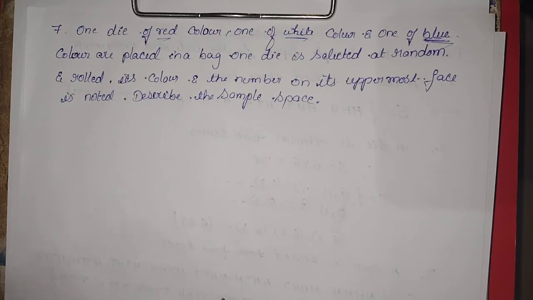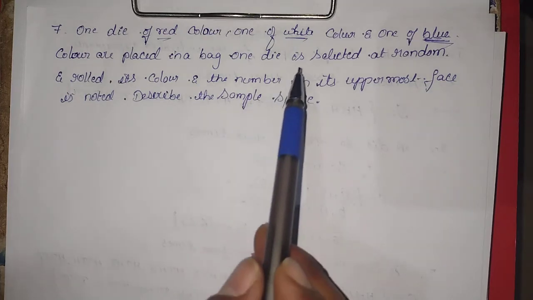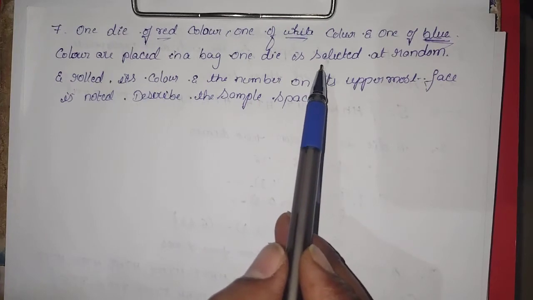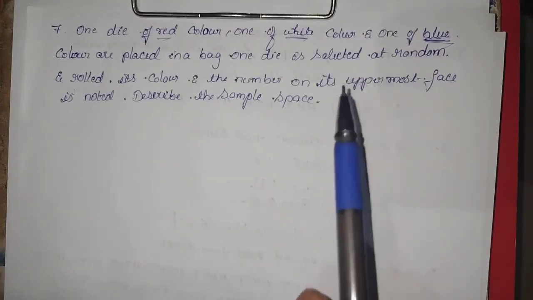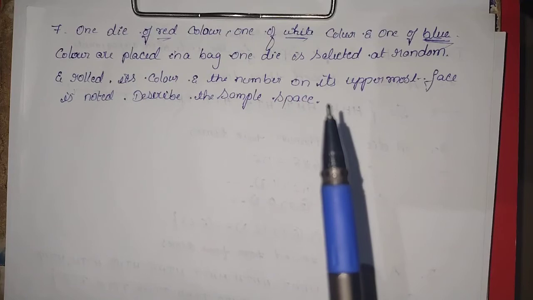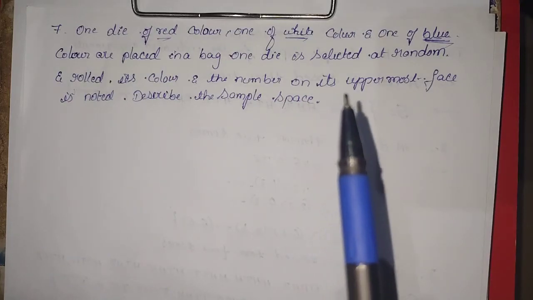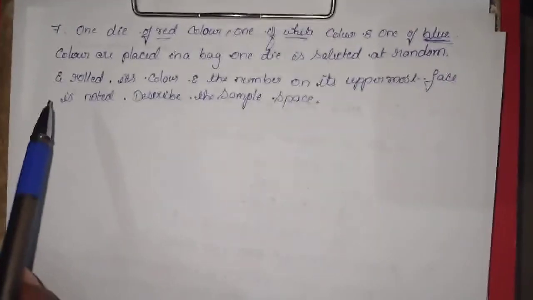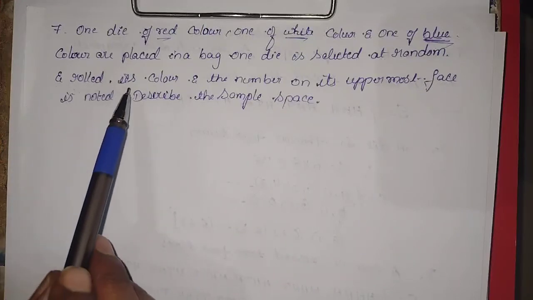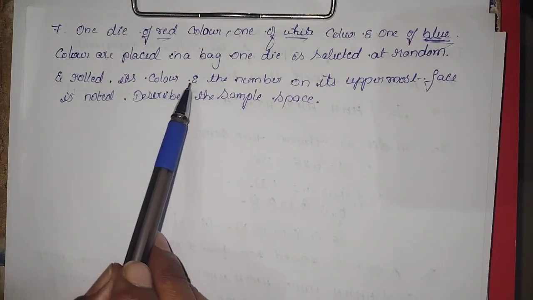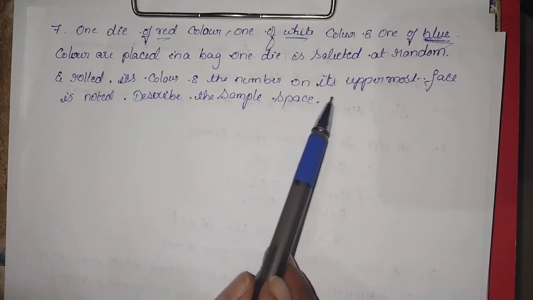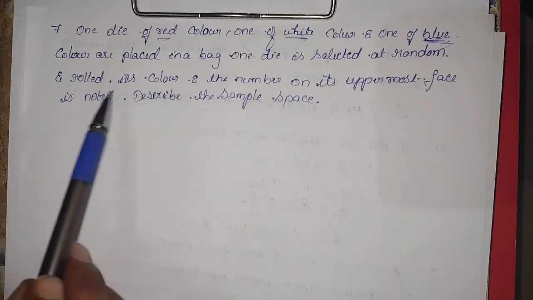They are placed in a bag. One die is selected at random. We don't know which die color is selected. And rolled. Its color and the number on its uppermost face is noted.